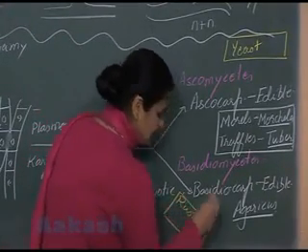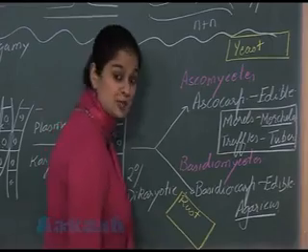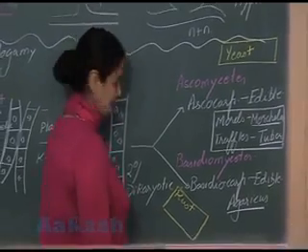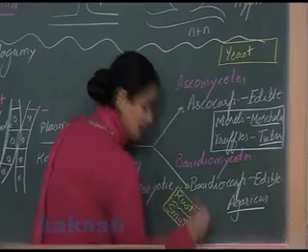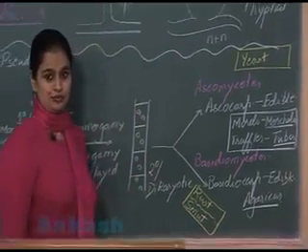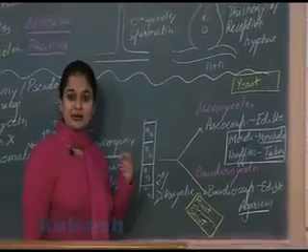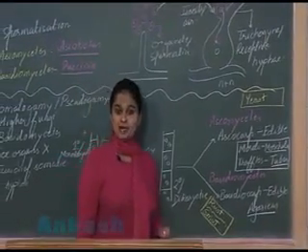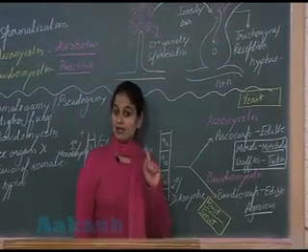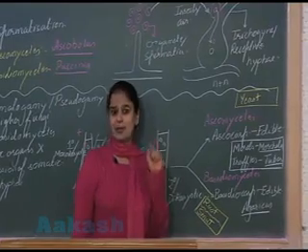One is rust fungi, whose name is very well known to you, that is Puccinia. Another is smut fungi, that is Ustilago. In smut fungi and rust fungi, two things are absent: one is basidiocarp and the other one is dolipore septum.